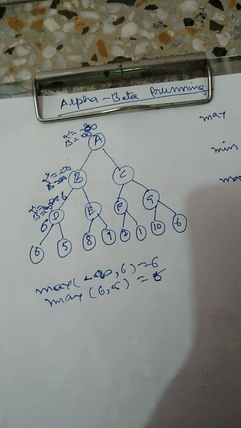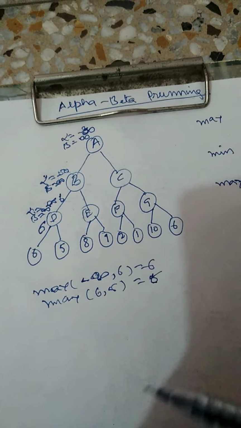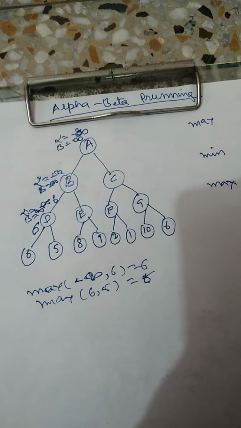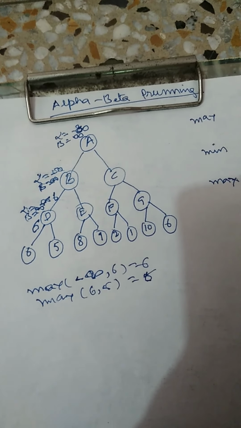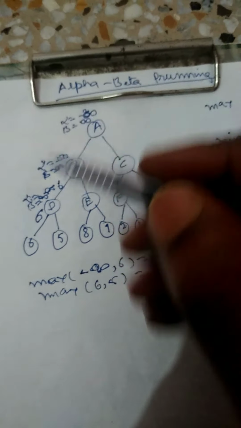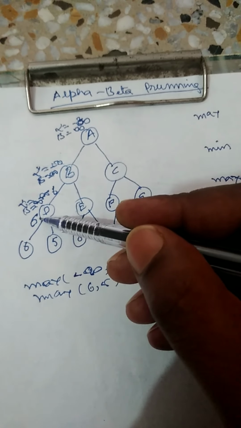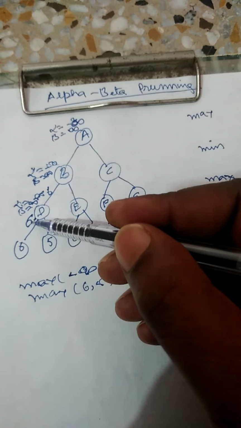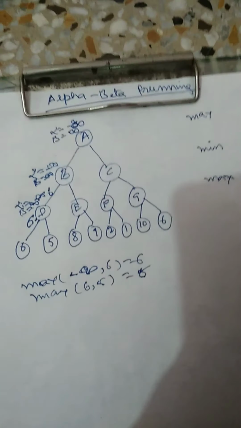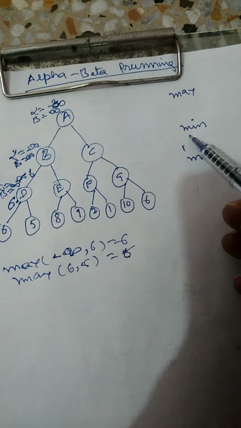Now we move upward. We move this value to node B. Node D has the value 6. This is the min case. Min means we will consider beta; only beta will be affected.